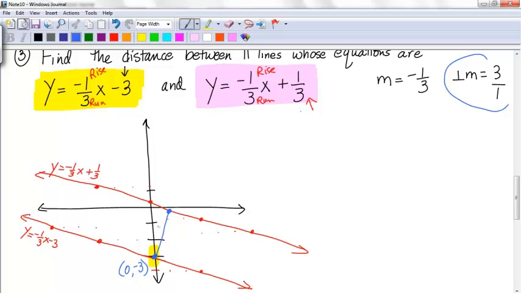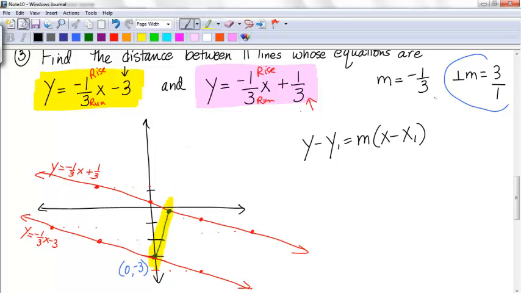Yes? Okay. So if we look at this, we need to find the equation of this line. When they say find an equation of a line, what two things do you need? Y-intercept and slope, or point slope, right? So if I go to y minus y sub 1 equals m times x minus x sub 1, I'm trying to find the equation of this line coming through here.